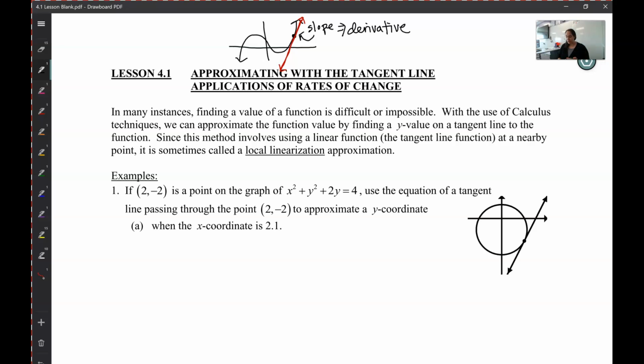Tangent lines, whenever you draw them, will always be linear lines, which means I can write them using my point slope form, because that is a linear form. So then if I can write them in point slope form, all I need is a point and a slope, and then I can write an equation of my tangent line.